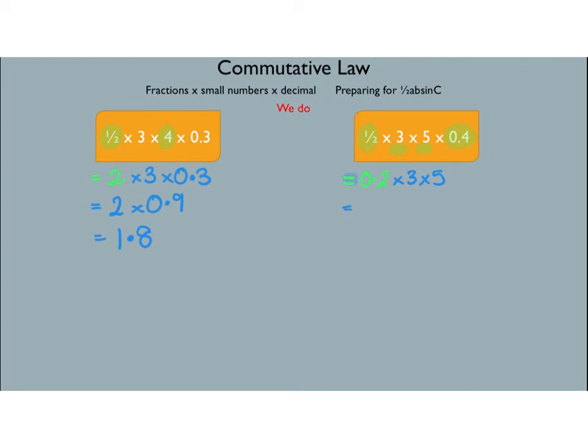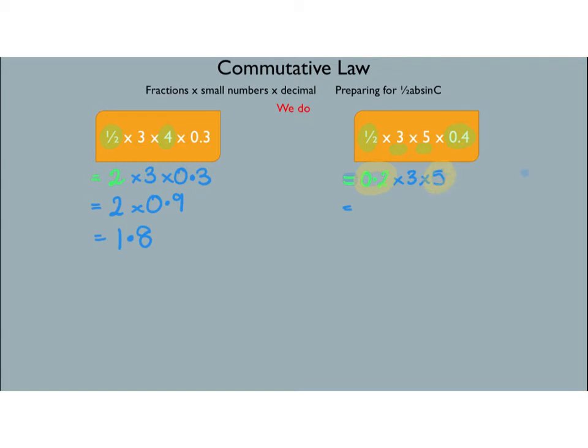Okay, right. Now remember, you're looking for easy options. Because mathematicians, I've told you before, mathematicians are quick because they look for easy options. Now I know what 0.2 times 5 is.